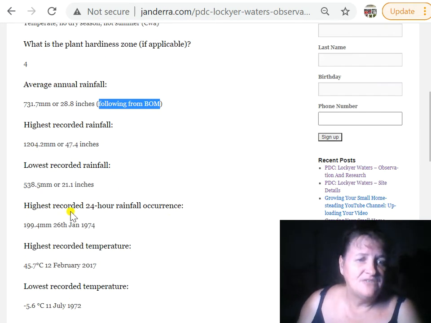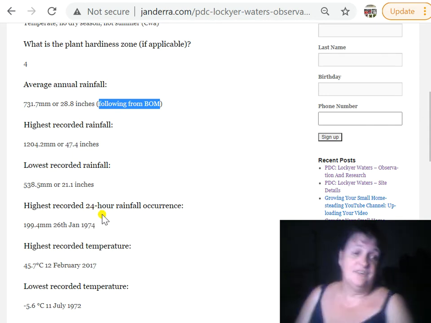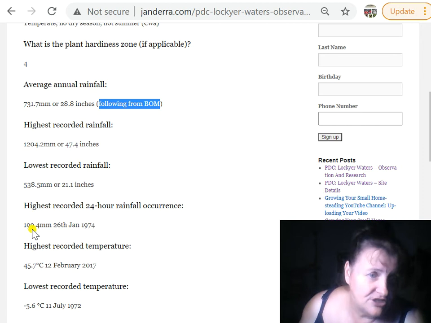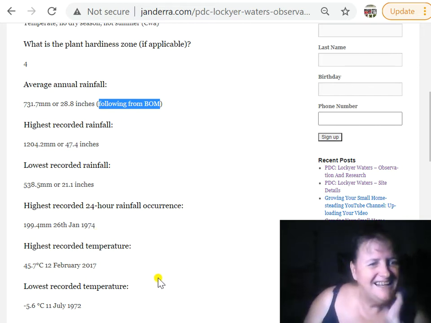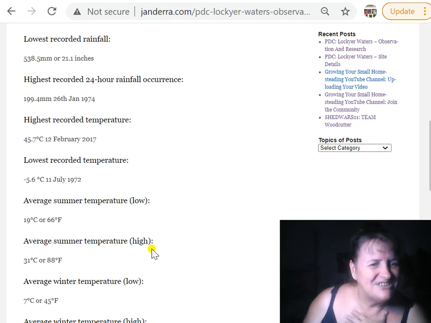Now the highest recorded rainfall in a 24-hour period was 199.4 millimetres on the 26th of January, and I forgot to convert that to inches. I'm very sorry. It looks like I've forgotten to do some of the other ones down there too.